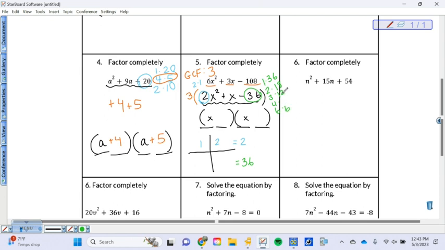Yes, 9. Which of those is going to give me, well, first of all, what is my middle number here?